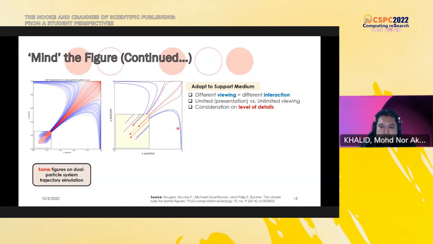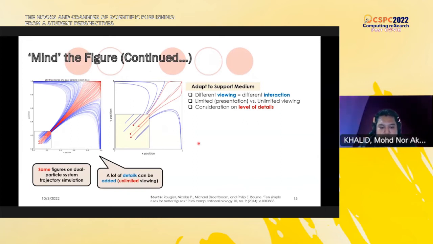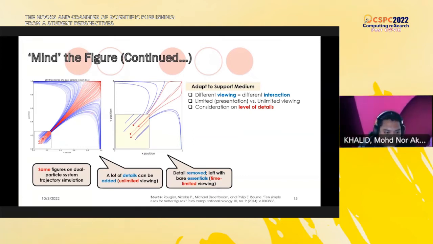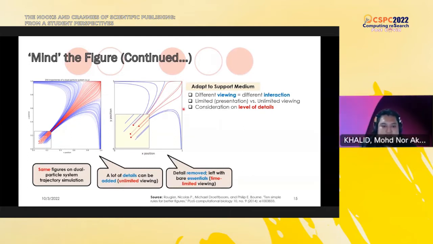So these depend on viewing time. This one is very good for your journal, but the bare one is very good for your poster because people have limited time to view your figure. They don't really have time to see whether these lines are clashing or just side by side, something like that. What are the general pattern, what is the main thing that you want, so you leave the bare essential.